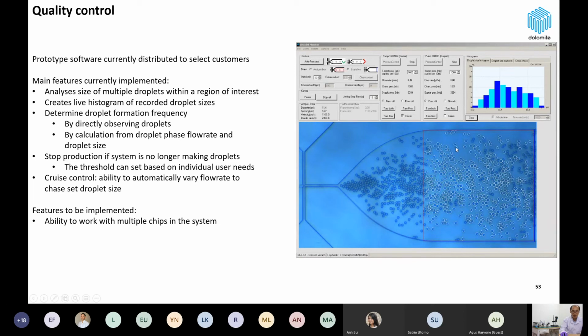If you want a predetermined droplet size, you just set your parameter in here and the system will automatically adjust the flow rate to obtain the wanted droplet size. It can also work with multiple chips in the system, and it can be integrated with other hardware if the customer requires.